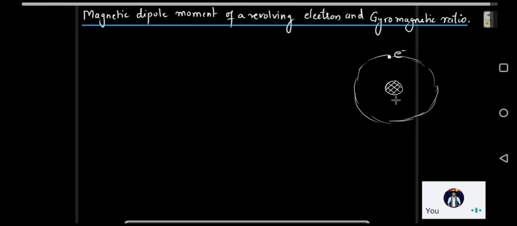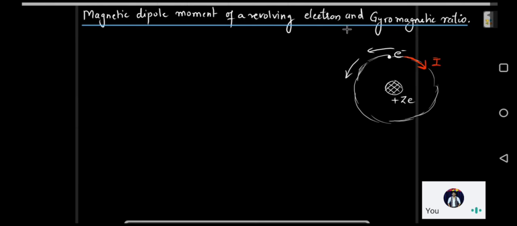Let's say the charge on the nucleus is plus Ze, where Z is the atomic number of the nucleus. Consider this is a circle, fine. And this electron is going, let's say, in the anti-clockwise direction. The electron is going like this. It is revolving. So obviously the current is going to flow in the clockwise direction due to this.